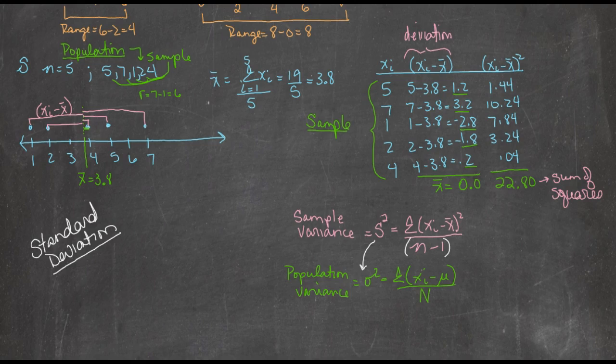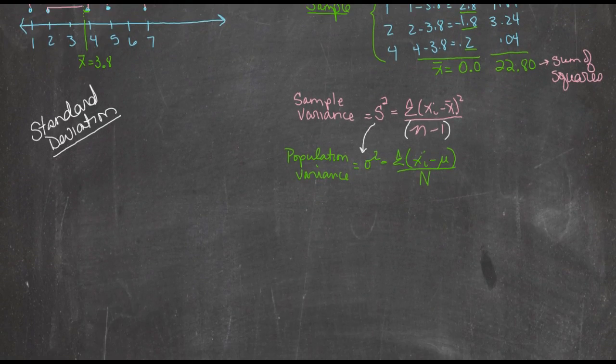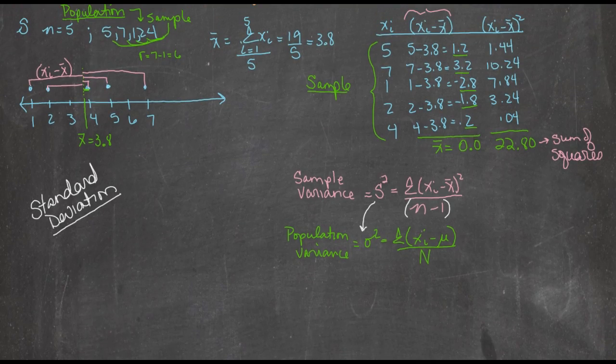Like up here with these histograms, this data is super close. The deviation of this data would be smaller than the deviation of this data. And when we say standard, what we're talking about is just standardizing that distance, making it something that references the average of the whole set rather than each individual piece.